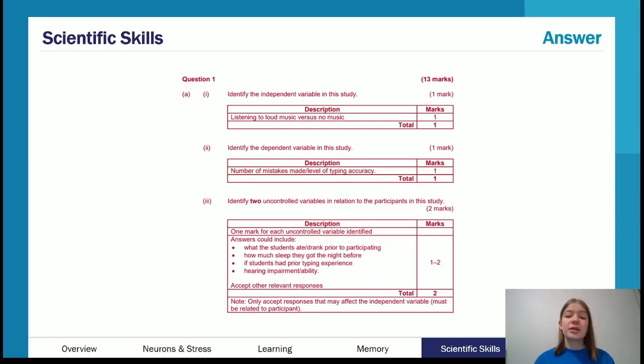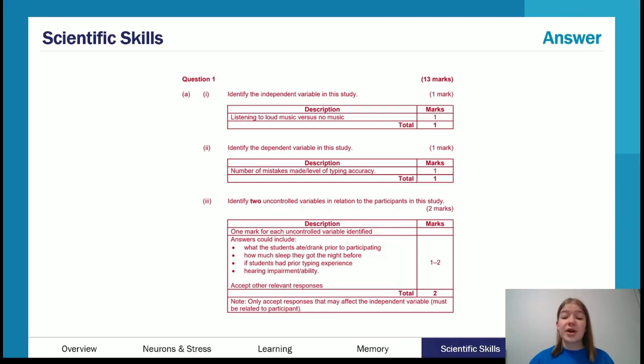And then two uncontrolled variables in relation to the participants in this study. So answers could include things like what the students ate or drank prior to participating, how much sleep they got the night before. We'll go through this a lot more in Unit 4, where sleep can have a whole range of impacts. So with sleep deprivation, you would expect to see differences.